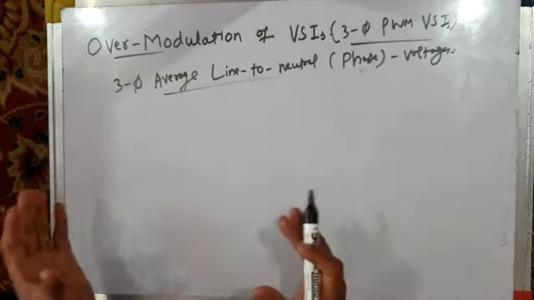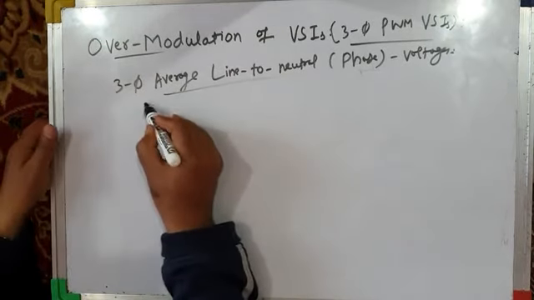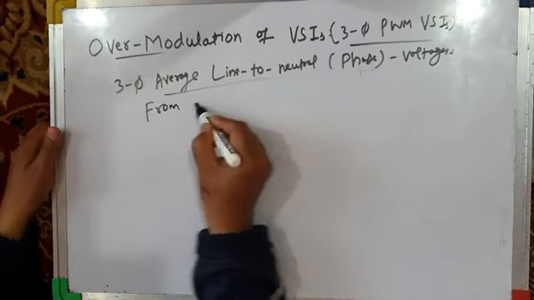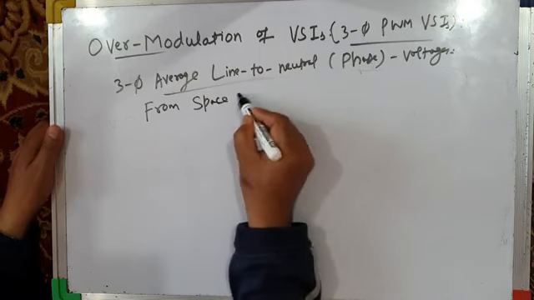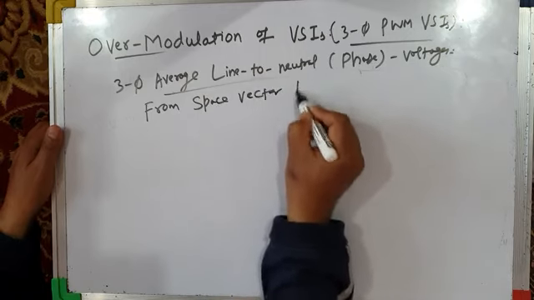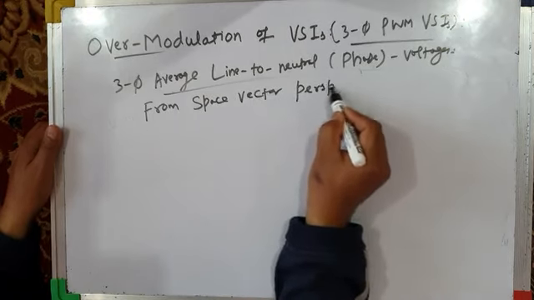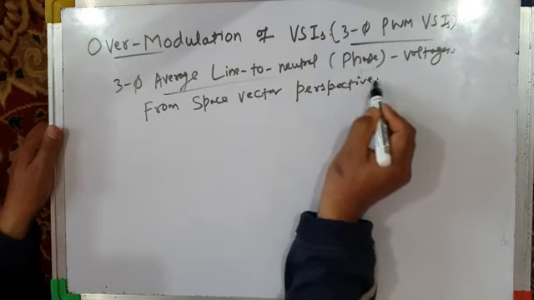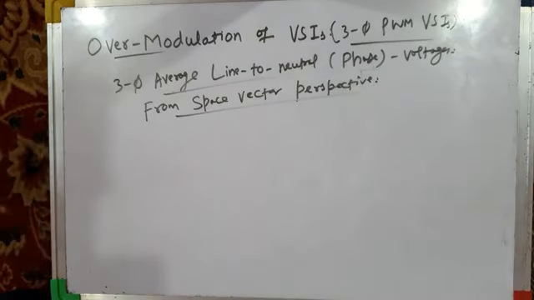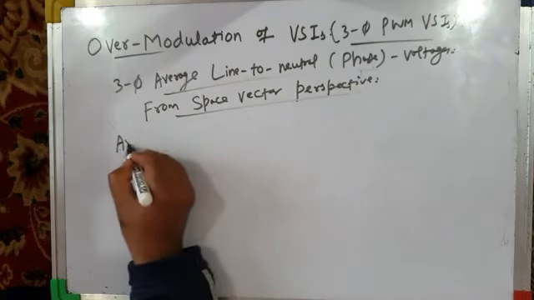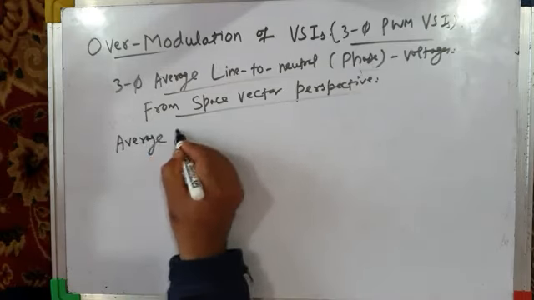Let us try to understand it from the space vector perspective. From the space vector perspective, we know that in the space vector plane we have two phase voltages, V alpha and V beta. I will write here now average two phase voltages.